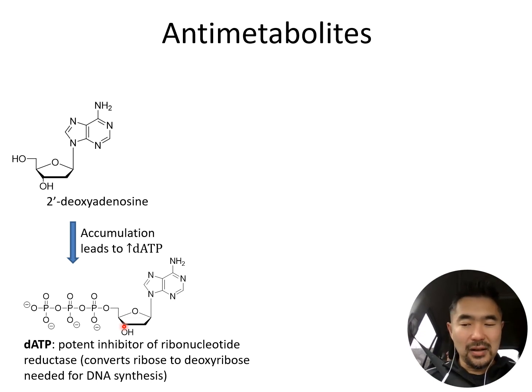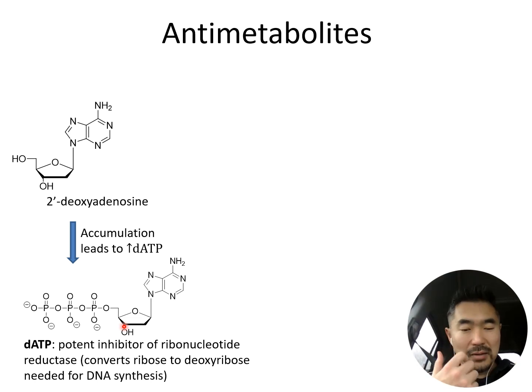That's the enzyme that converts ribose, remember, that's used for RNA synthesis, and it reduces ribose to deoxyribose, which of course is the building block for synthesizing DNA, which happens a lot in a growing cell.